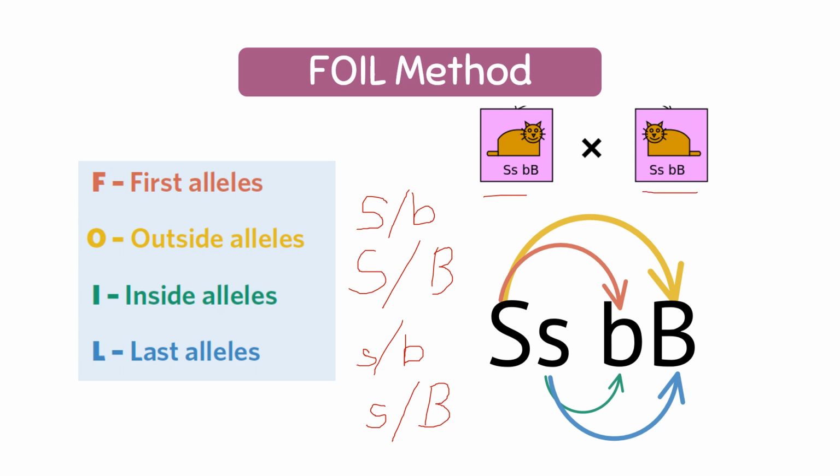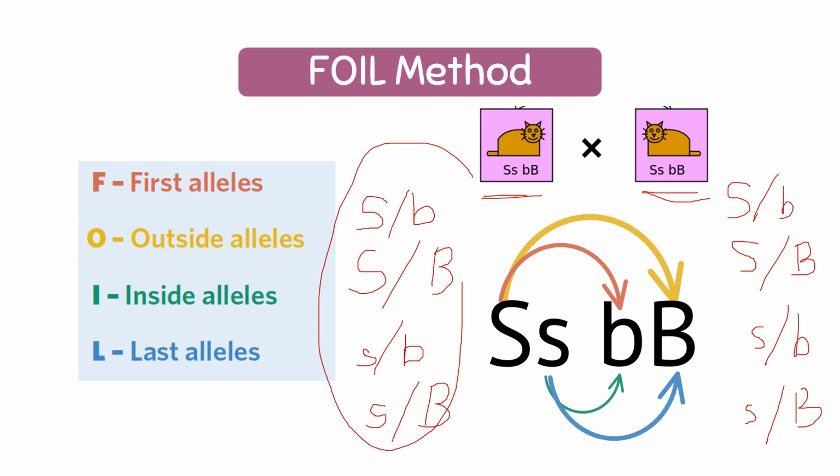Because the second parent has the exact same genotype, these combinations are going to be the same. So they're going to have capital S and lowercase b, capital S, capital B, lowercase s, lowercase b, lowercase s, and capital B. So you just follow the FOIL method for the first parent and then follow the FOIL method for the second parent.